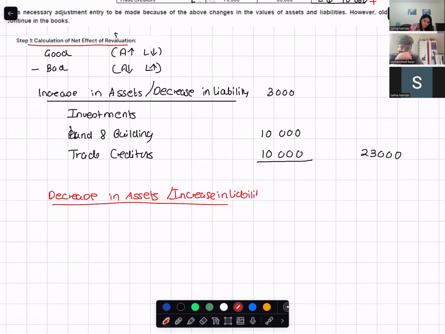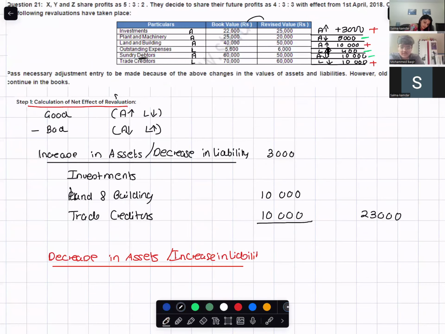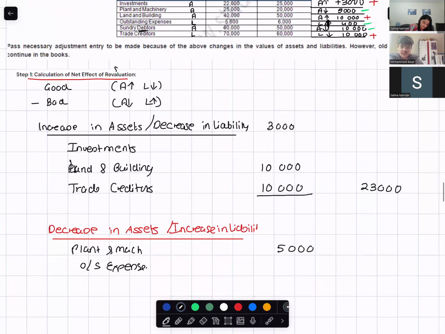How much? Plant and machinery, 5,000. Then it will be outstanding expenses, 400.